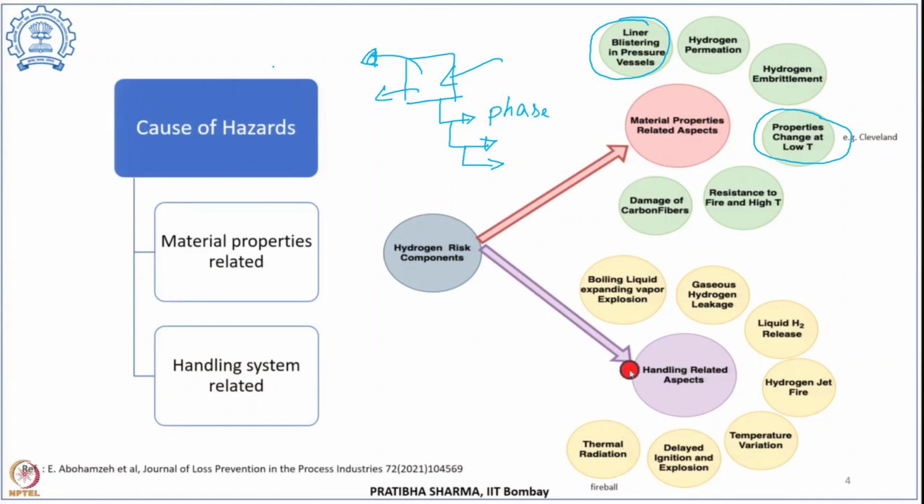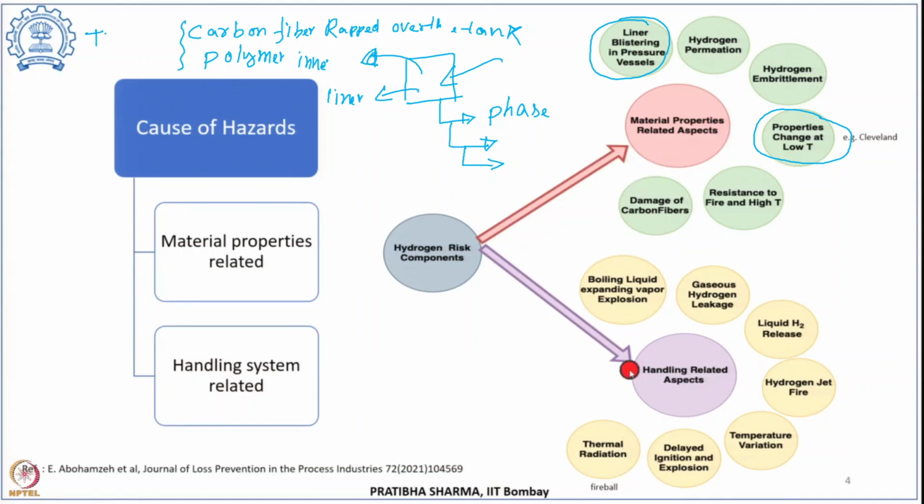Type 4 tank is the most appropriate one to store hydrogen, as it includes carbon fiber wrapped over the tank, and inside there is the polymer inner liner. Okay, this is the type 4 tank.